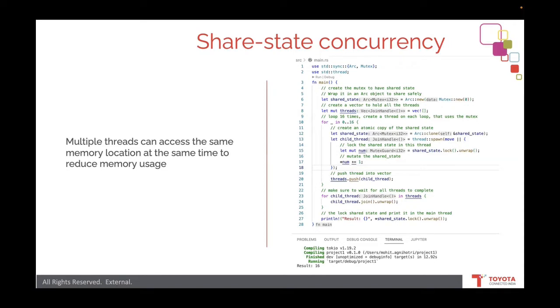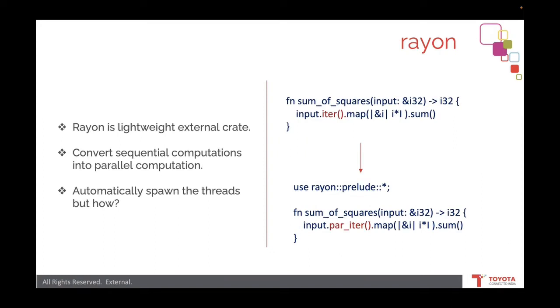All the threads one by one will access this shared state, they will lock it and then access it, and then another thread will come and access the shared state, but in a mutex format. This ensures that multiple threads can access the same data to reduce the memory usage.